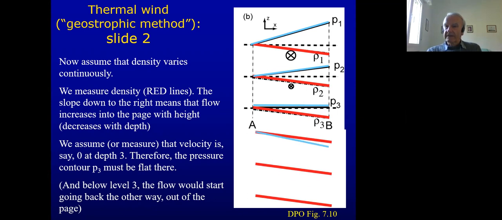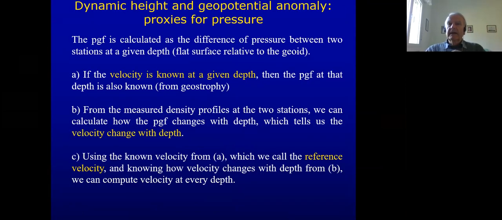Here, you can see this. And that's how it looks in the deeper layer. Below the line where the horizontal pressure gradient is 0, there is a flow going in the opposite direction and increasing with depth. Okay? So what does that mean?